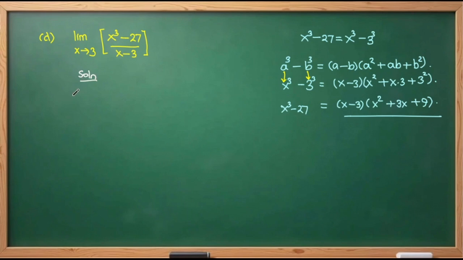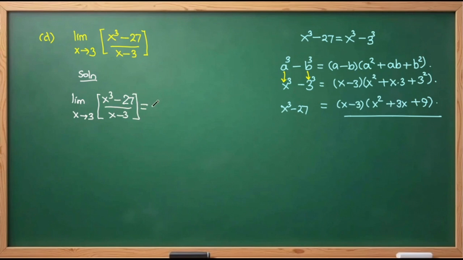So let's move on to replace that in our solution at this side. We have the limit as x tends to positive 3 of x cubed minus 27 divided by x minus 3.